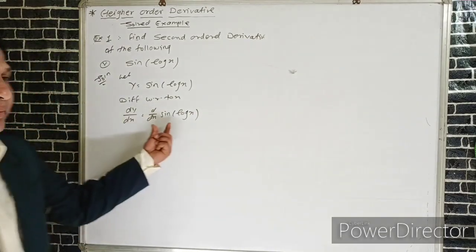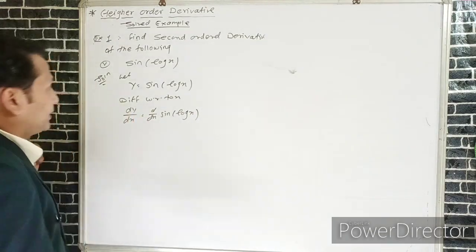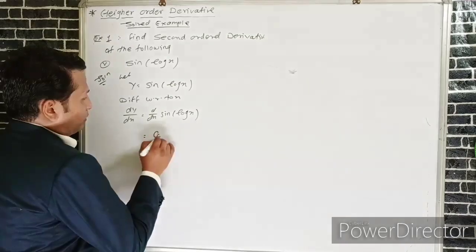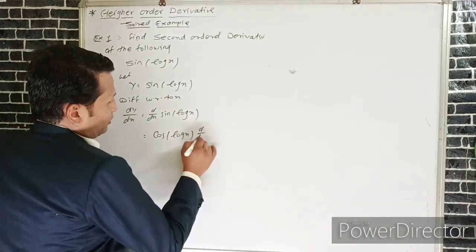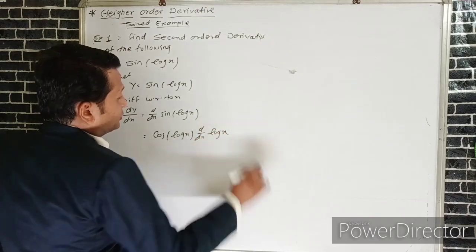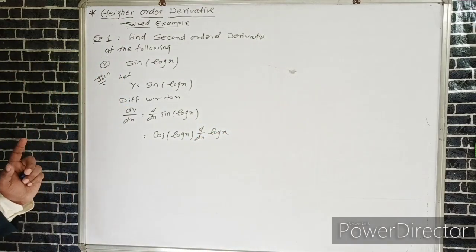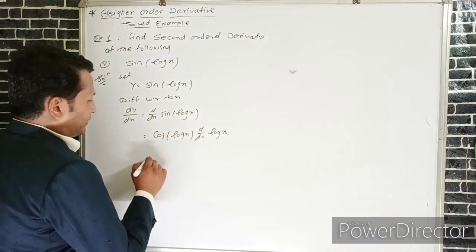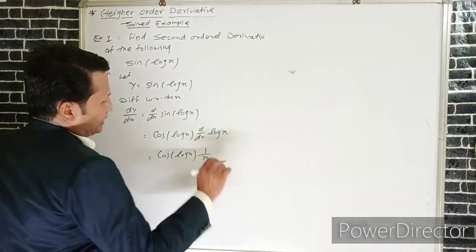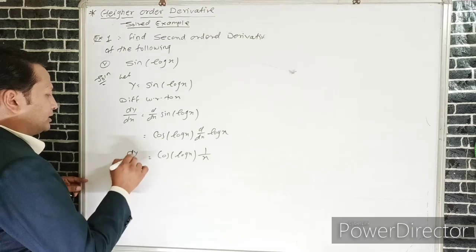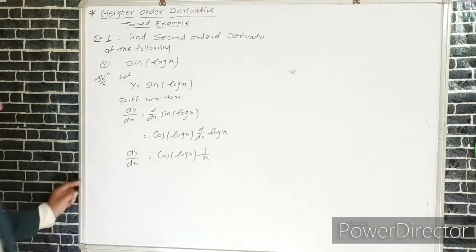We know that the derivative of sine is cos. Hence we can write it cos of log x, and we take again derivative of log x by using chain rule. Here we know that the derivative of log x is 1 by x, means cos of log x into 1 by x, which is dy upon dx.